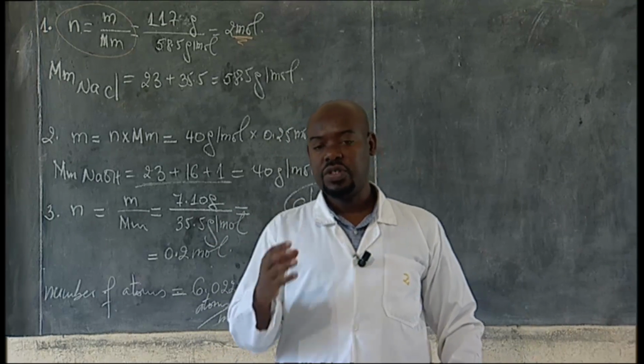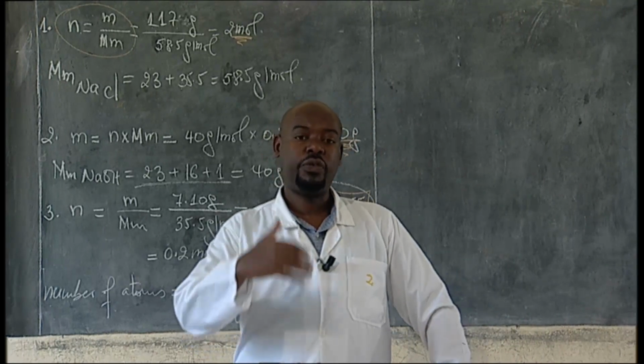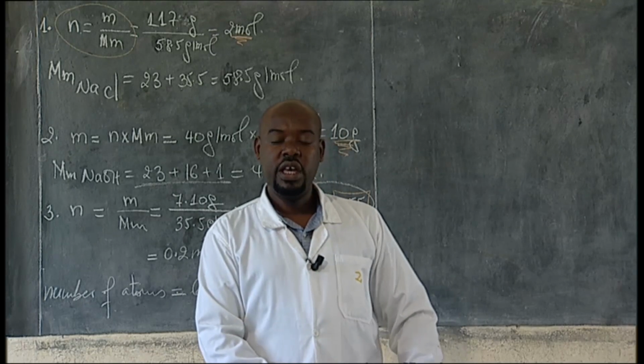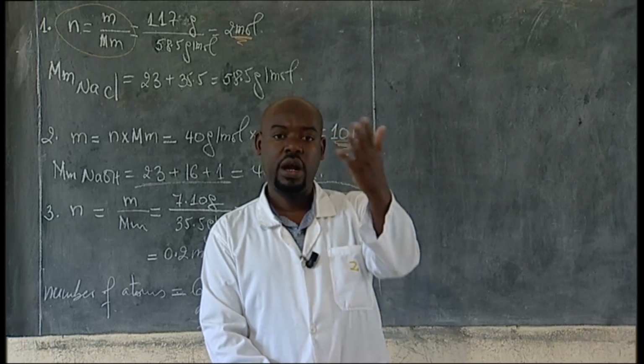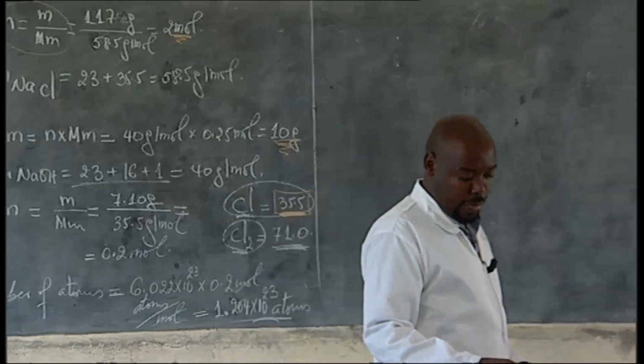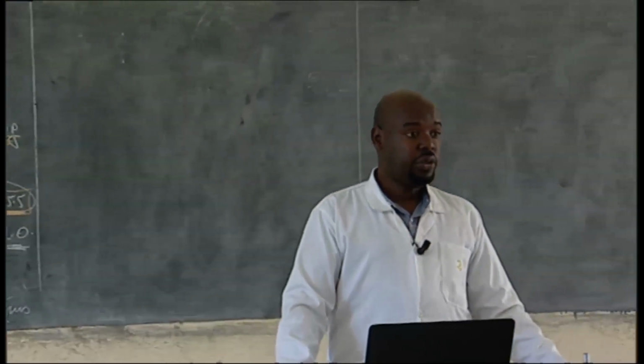And if the question is indirect, then you have to pass through some other steps to get to the values, the data we will need to use in the final step. So we go to the next question.